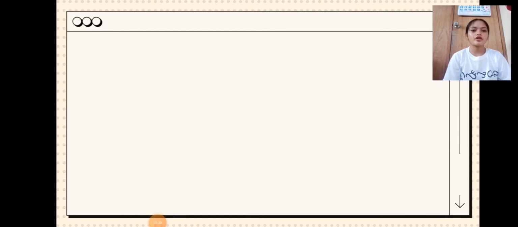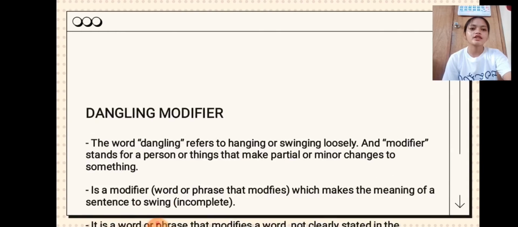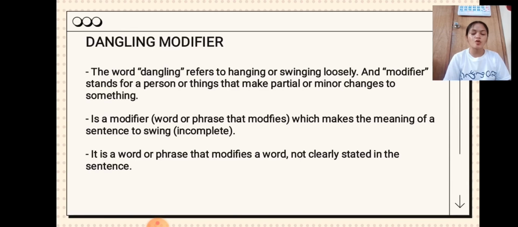Now, since we already know what a modifier is, let's meet our main topic, which is the dangling modifier. So what is a dangling modifier? From the word dangling, this refers to hanging or swinging loosely. It means that it is incomplete. A modifier also stands for a person or thing that makes partial or minor changes to something.